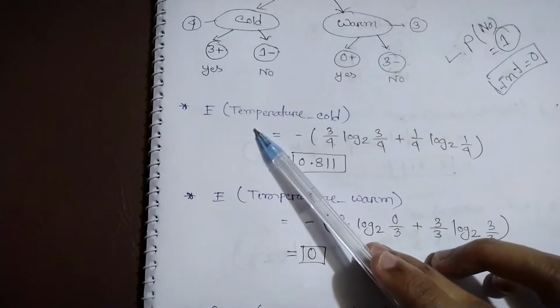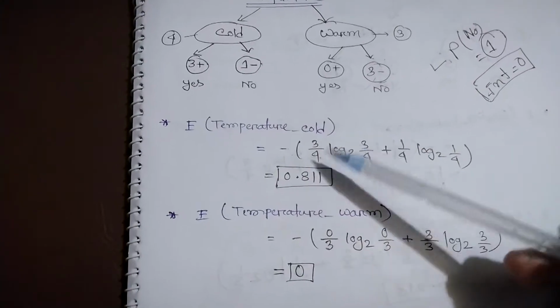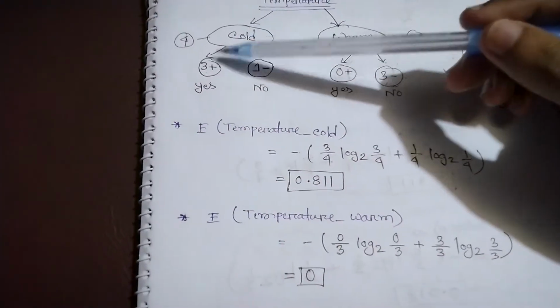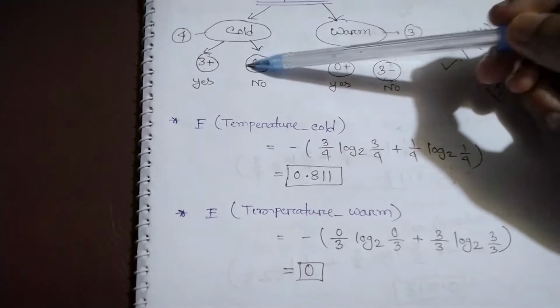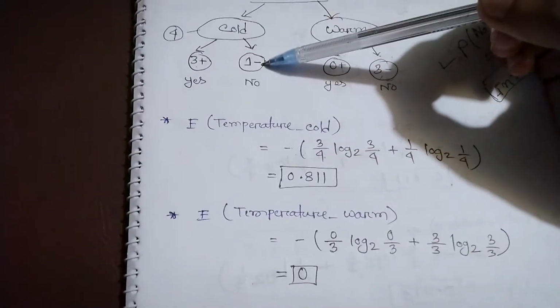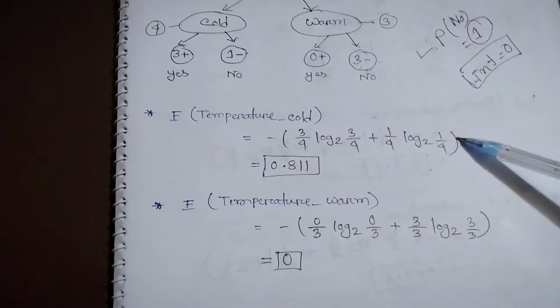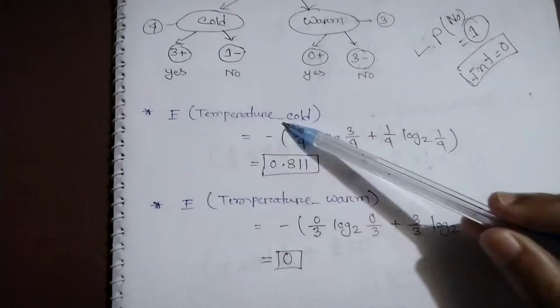So for temperature cold, it is minus 3 by 4 log 2 of 3 by 4, because there are a total of 3 possible cases of yes out of 4. Then 1 negative case, so 1 by 4 log 2 of 1 by 4, which gives 0.811.